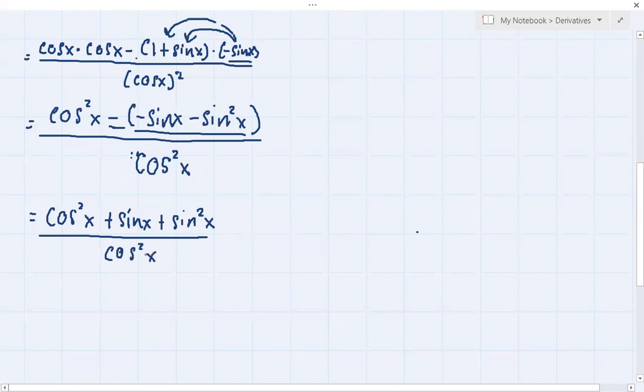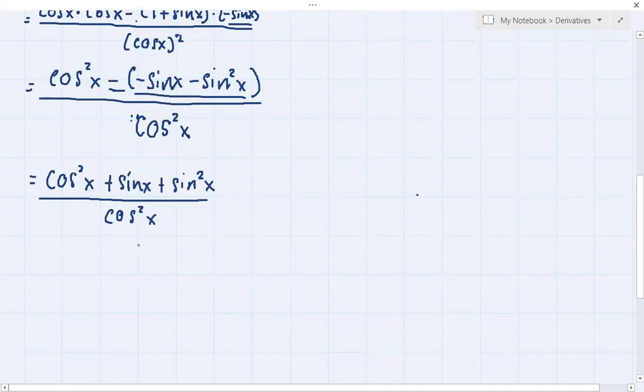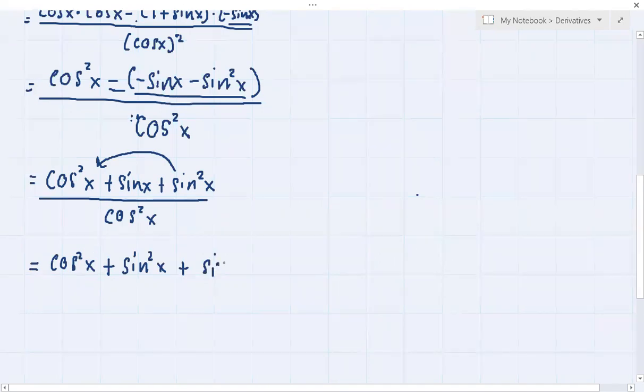So what happens there is, first, I combine sin squared x and cosine squared x. So it becomes cosine squared x plus sin squared x plus sin x, all over cosine squared x.